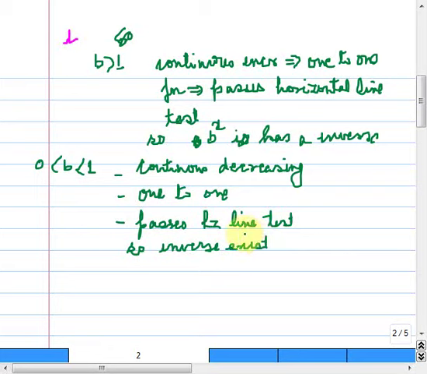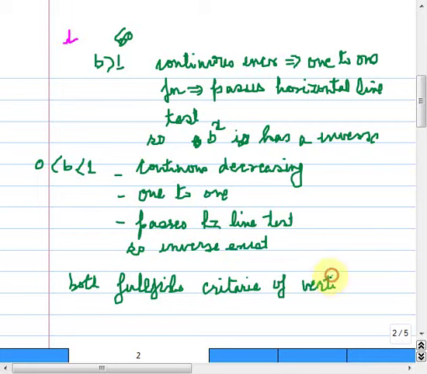You can see also that both fulfill the criteria of the vertical line test. So the inverse exists.